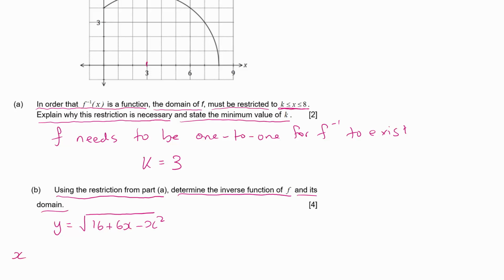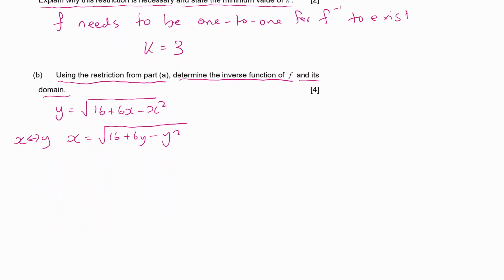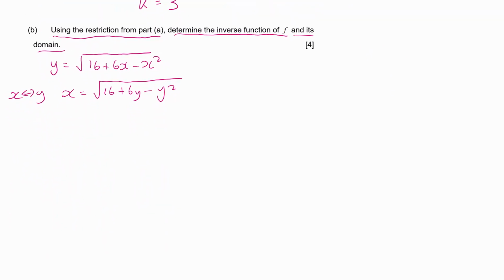Now, interchange x and y. So we get x equals the square root of 16 plus 6y minus y squared. And now what we want to do is make y the subject. So, let's square.